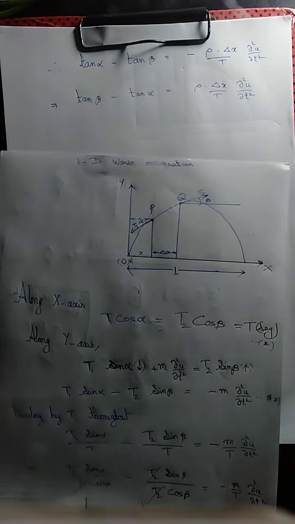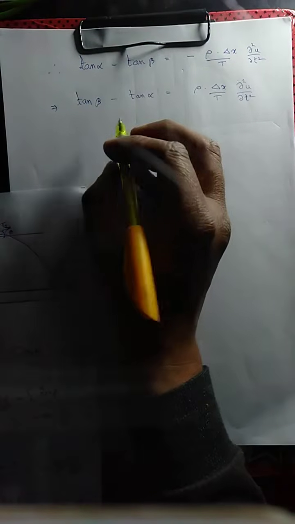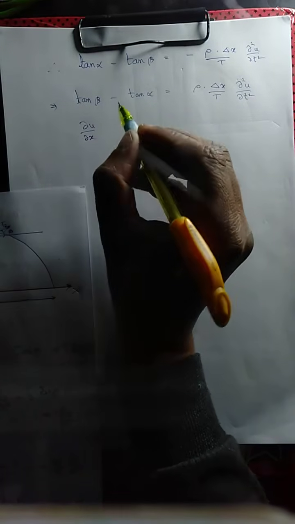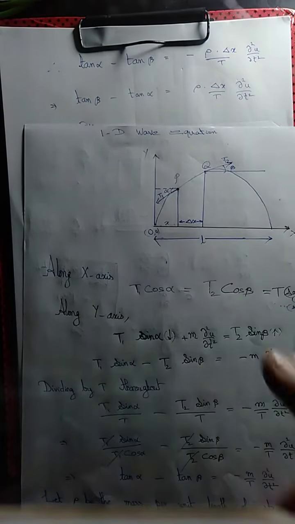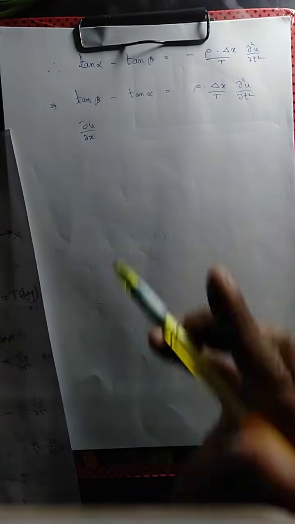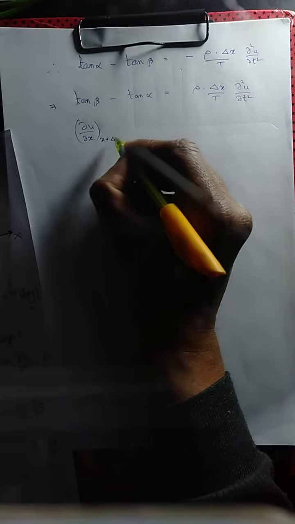In other words, tan beta is nothing but del u by del x, but at what point? At Q. So del u by del x at x plus delta x.